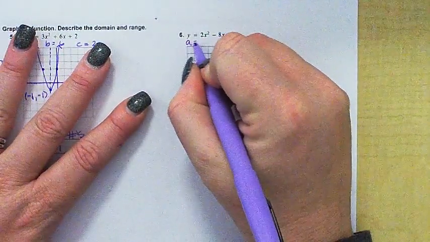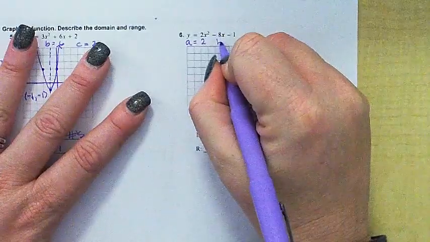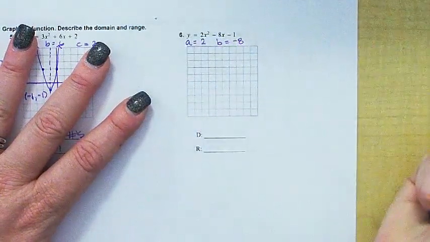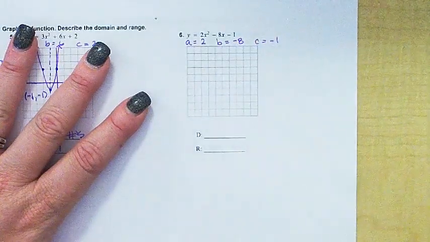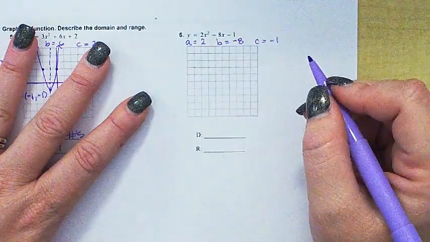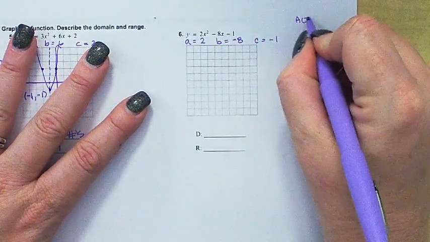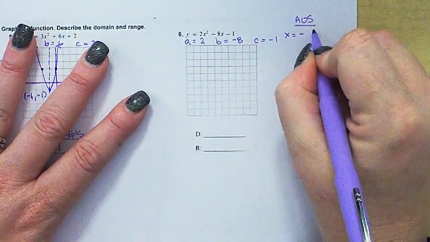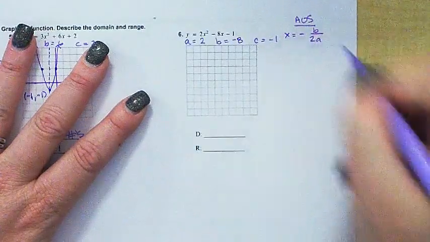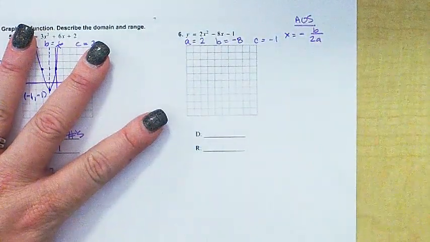So we have a equals 2, b equals -8, and c equals -1. I'm going to find my axis of symmetry first because I have all of the numbers I need to plug into that formula right there.